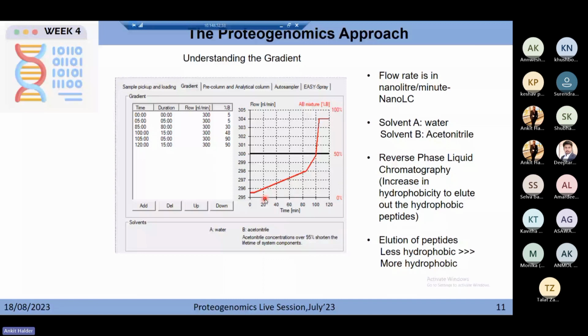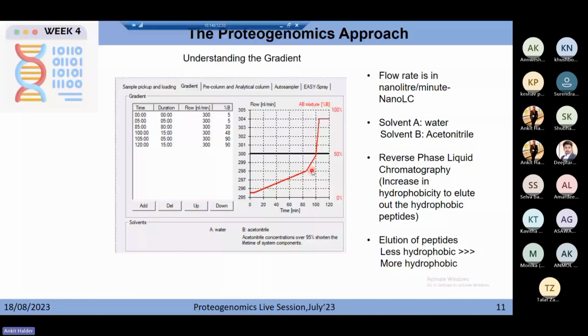So the starting point of the elution and the ending point should be a smooth curve. This is an ideal gradient that gives you a good chromatogram with a full Gaussian pattern, and then you will get the maximum coverage of your protein.